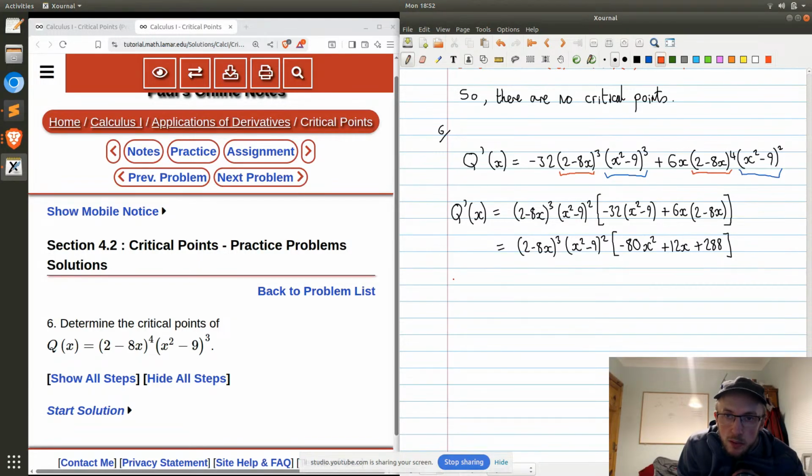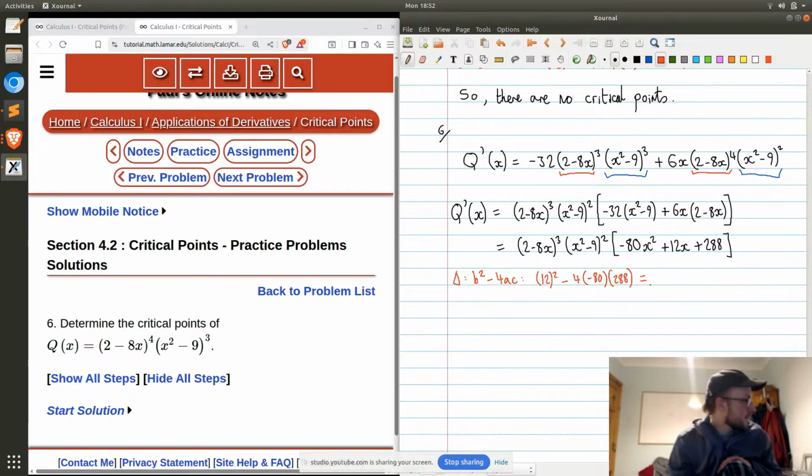At this point, we have a quadratic right there. So I'm going to do the discriminant here. So I'm going to square 12. I'm going to take away 4 times negative 80 times 288. Do that now.